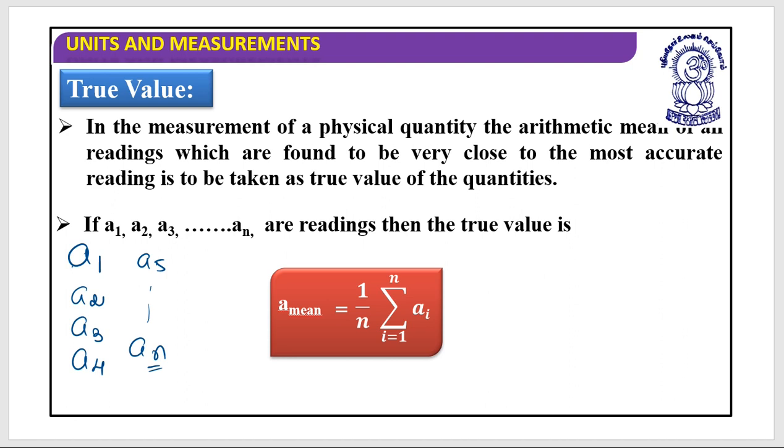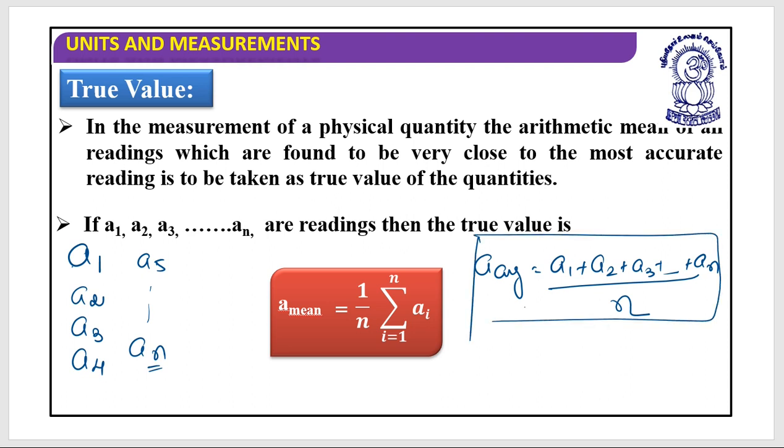So what I need to do is take an average value of these. How could I take an average value? I simply add A1 plus A2 plus A3 up to AN, and divide by the total number of samples, that is, I have taken n samples. While writing this, I am going to add these. I can write it like this.